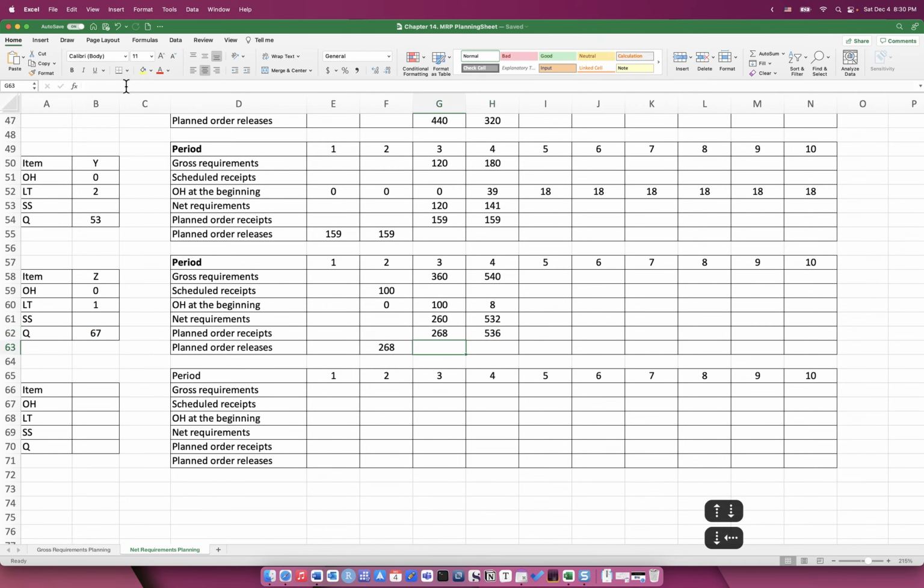So yeah, you will release 536, I'm sorry, at week 3, so that you have 536 available at the beginning of week 4, so that you can eventually deliver 540. Don't forget, you need to consider the rest of the period because it incurs a lot of remaining inventory all the way until the end of the period.